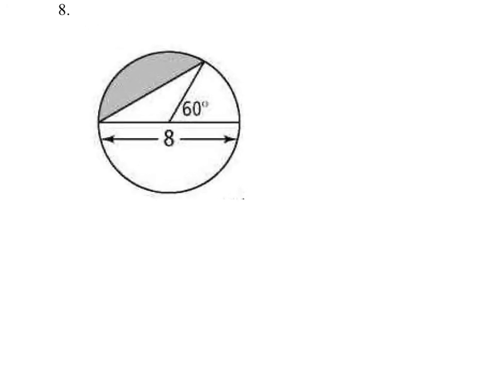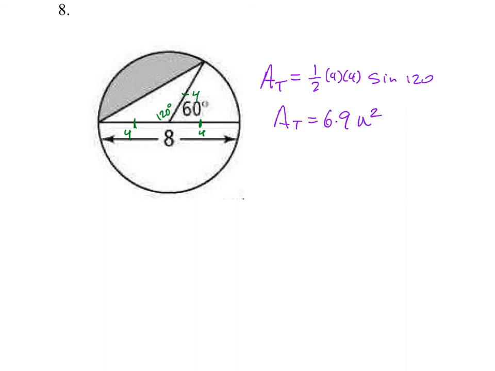Okay, so now again I have 8, so I know that this is 4, and this is 120, right? Why 120? Because this part right here is 60, so I just need to complete that to 180. So I know that this one is also 4. So again, area of the triangle equals 1/2 of 4 times 4 times sine of 120. So the triangle equals 6.9 units squared.